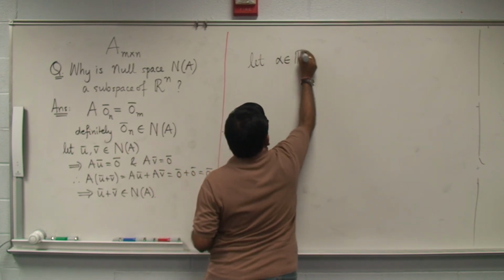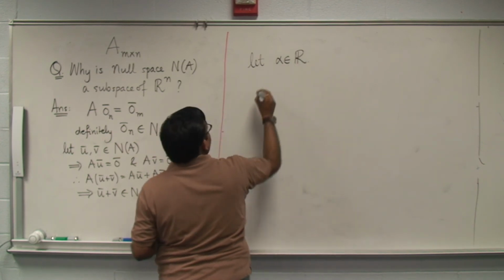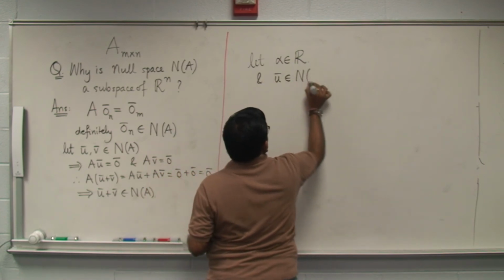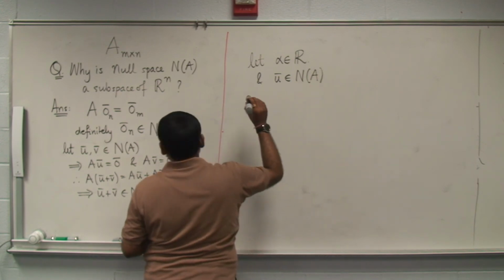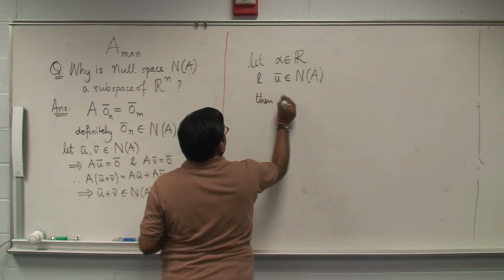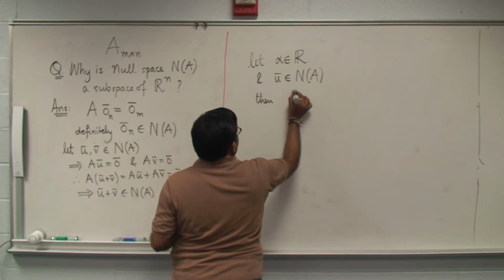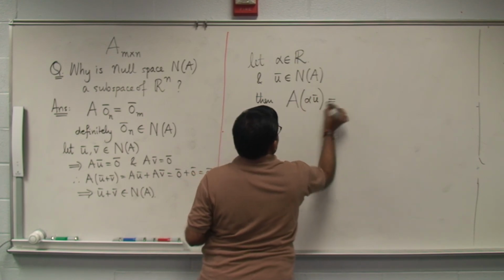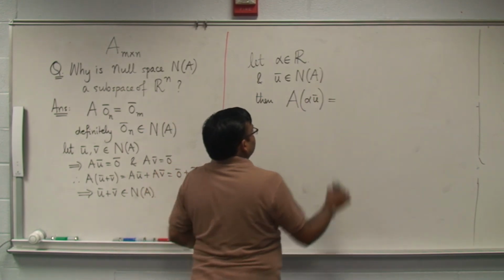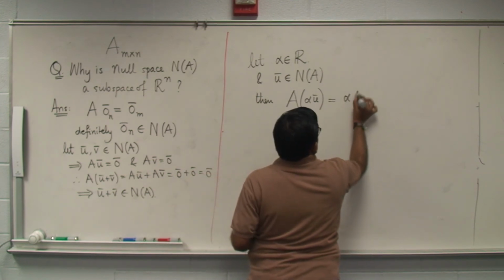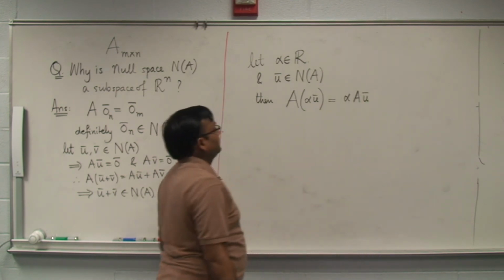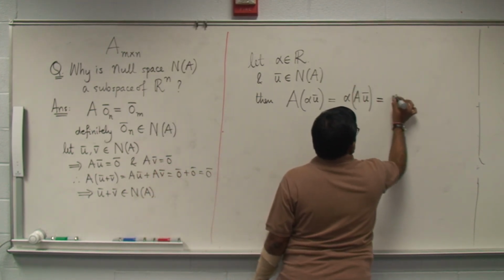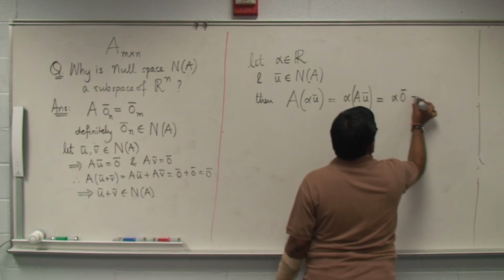So suppose we pick some scalar, and suppose we have a vector u from the null space of A. Then we want to talk about what A will do to this guy. So using the linearity property, we can say that this is alpha times Au, and A maps u to the 0 vector, so it is alpha times the 0 vector.